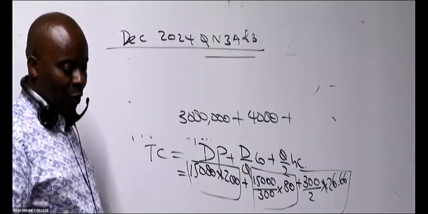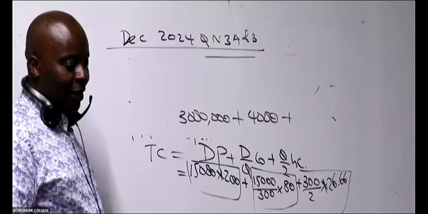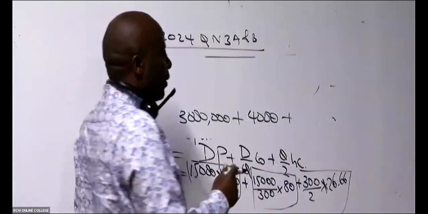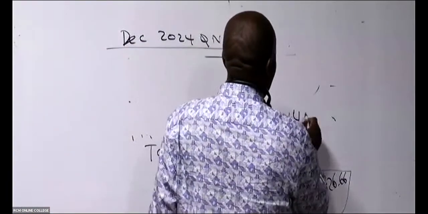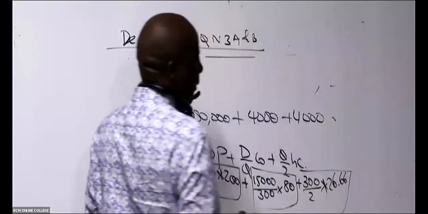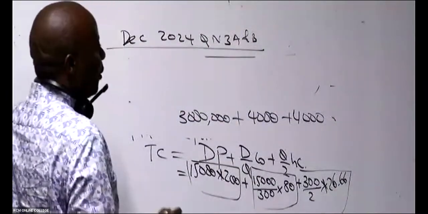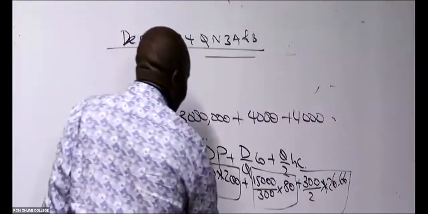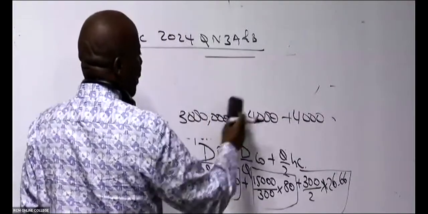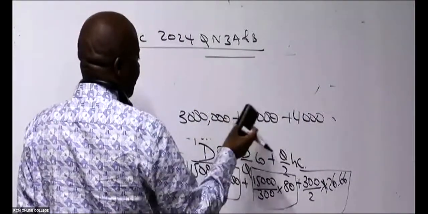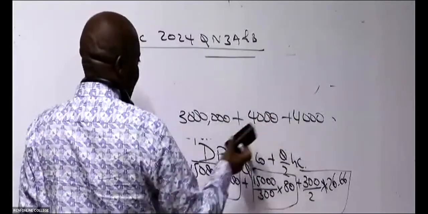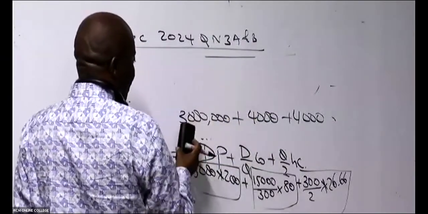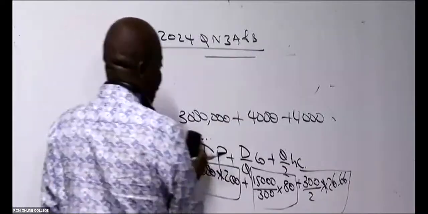Yeah, it will be approximately 4,000. Even this one will be approximately 4,000. So, of course, the final answer will be 3,008,000. You can write that there. That will be the final answer.